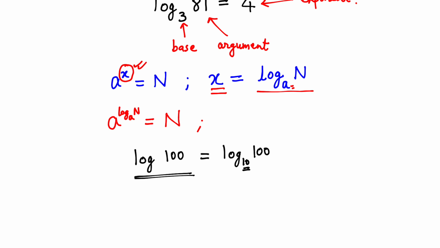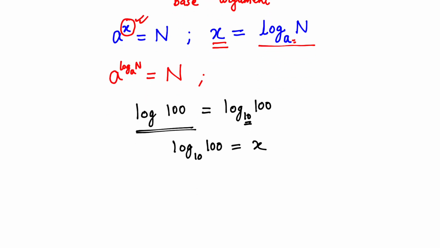So log 100 to the base 10 is equal to x, what? Let's find it out. It means that to the base 10, the exponent or the power is x, which makes it 100. Now on the left hand side, it is 10 raised to the power x.